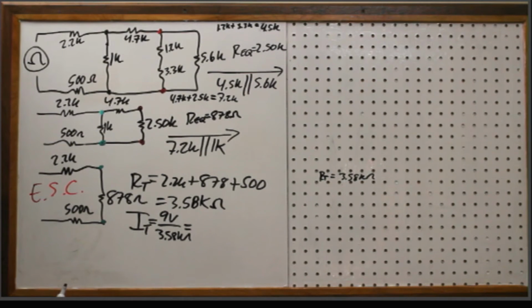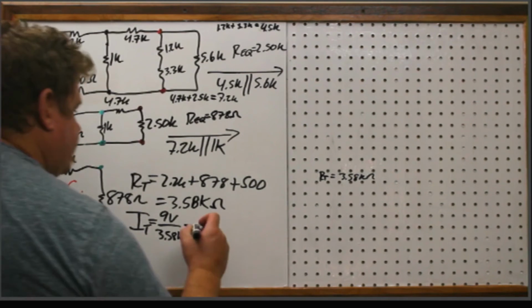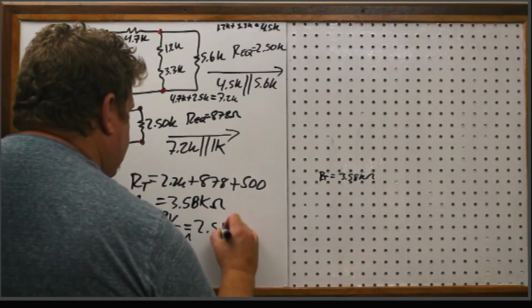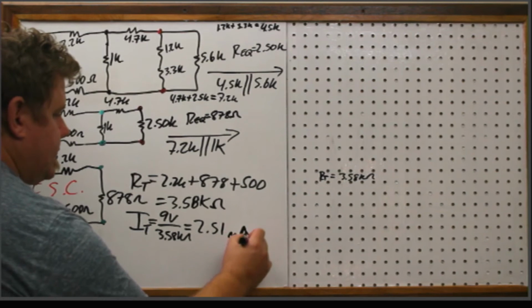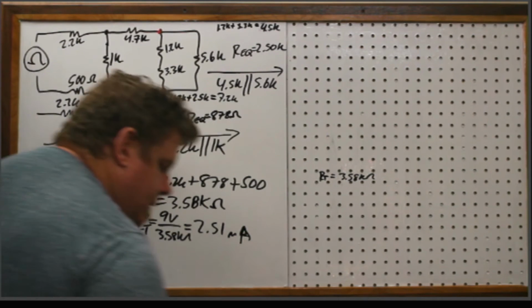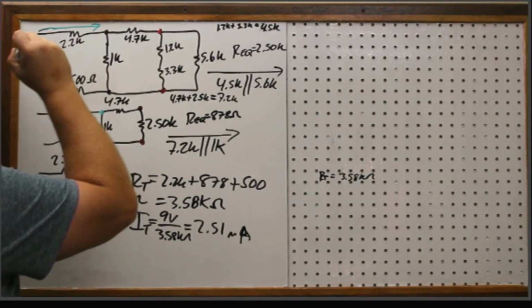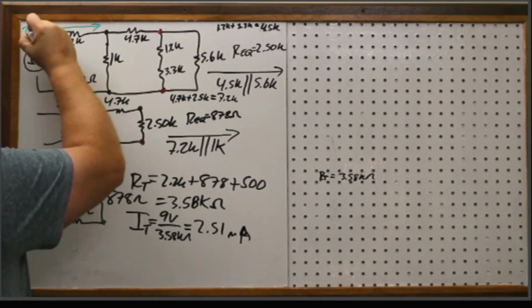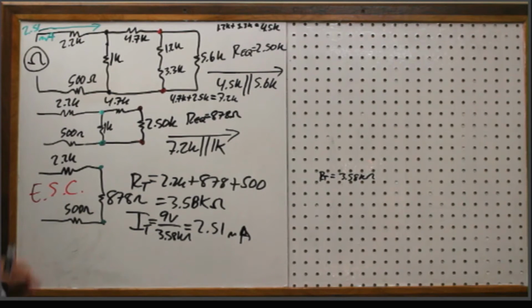So 9 divided by 3.58, 2.51 milliamps. So now I know what the total current is. So out of the source, I've got 2.51 milliamps.